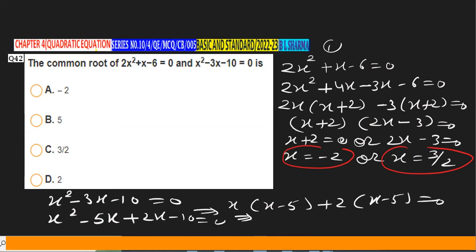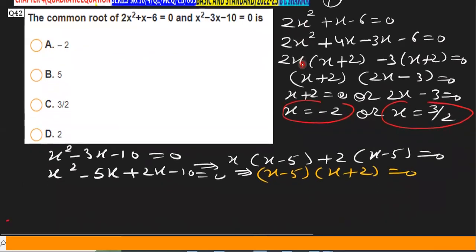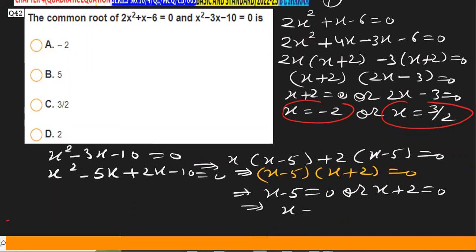Further, we can write x minus 5 common, x plus 2 is equal to 0. अब देखिए, putting each factor is equal to 0, either x minus 5 is equal to 0 or x plus 2 is equal to 0. Therefore, x is equal to 5 or x is equal to minus 2.